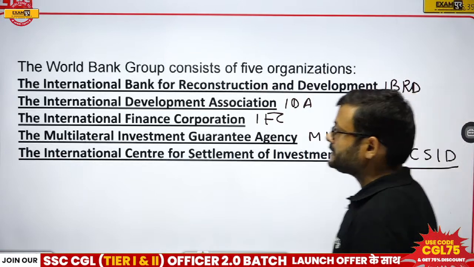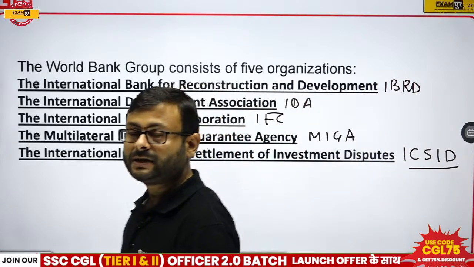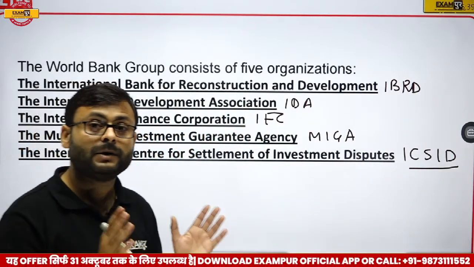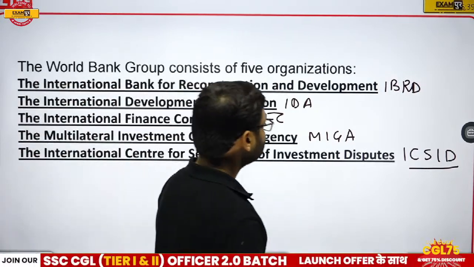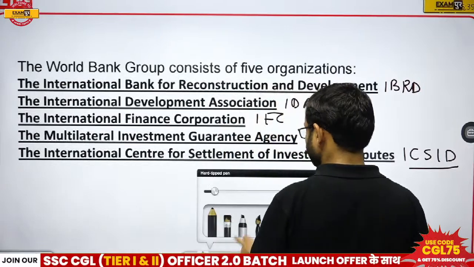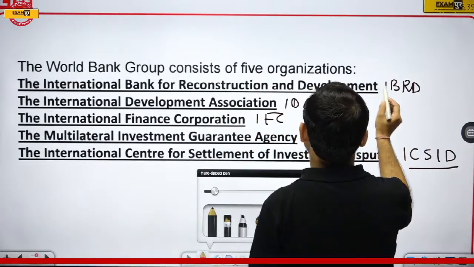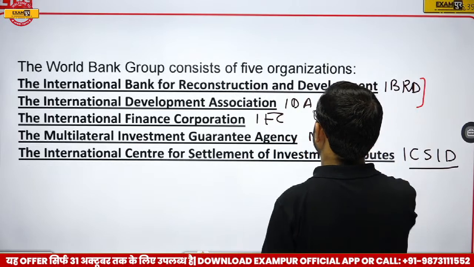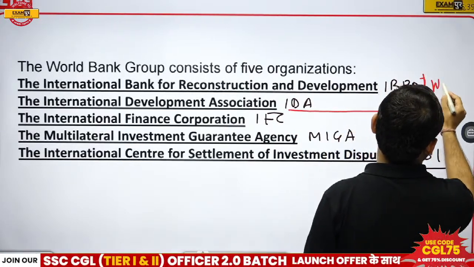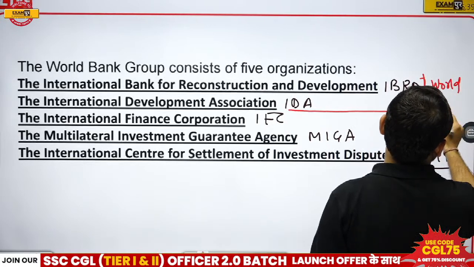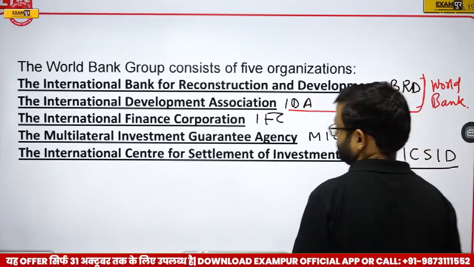So these are the five organizations that are part of the World Bank Group. And when we talk about World Bank, IBRD and IDA are the part of World Bank.